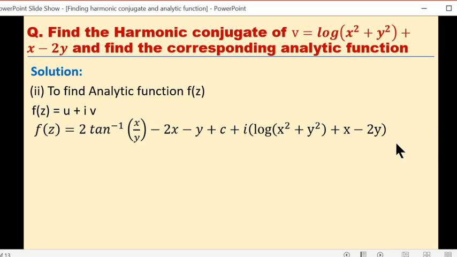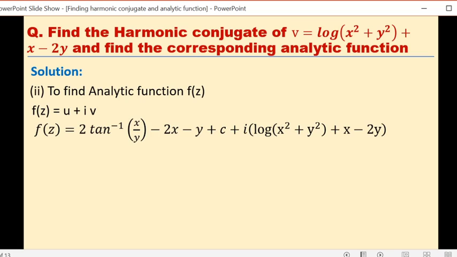Correct, no? Wouldn't it be nice if we can have this function in terms of z? Yes or no? Yes. Okay. Now the question is how to get this in terms of z.